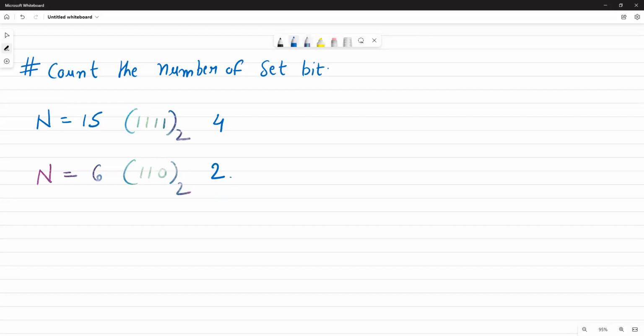First, it's not while n equal 0, it's while n not equal to 0, right? Because if n is not equal to 0, then only you can proceed. If your n is equal to 0, that means you need not calculate anything. Then you can have a count variable outside, c equals 0. Every time your bit is set, you need to count.